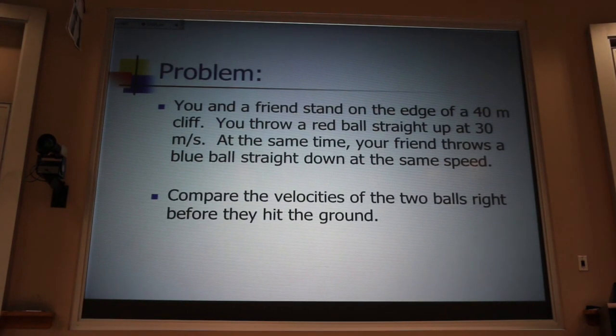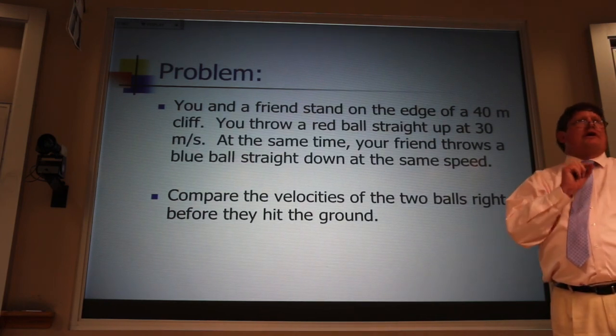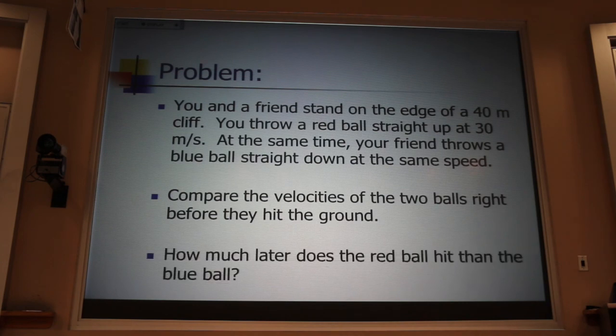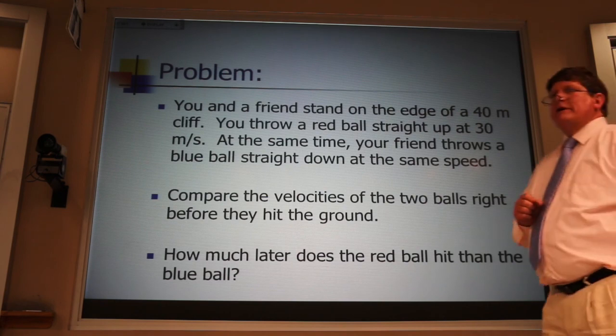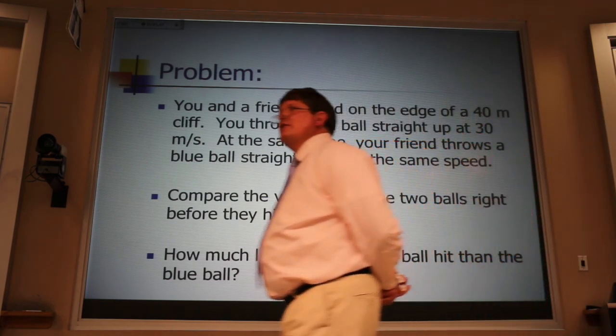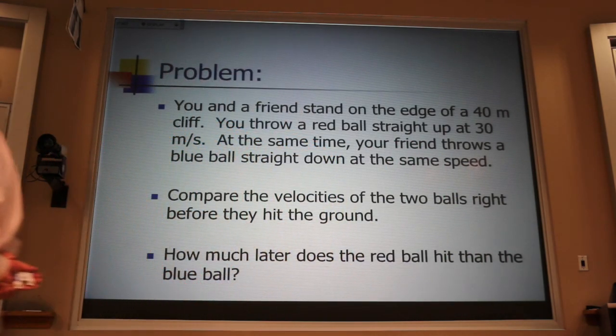Which of those balls, the red one or the blue one, is going to be going fastest right before it hits the ground? Second, the red one is obviously going to hit the bottom of the cliff after the blue one. How many seconds after? With your neighbor, see if you can do that in your head. This is not something you would calculate.